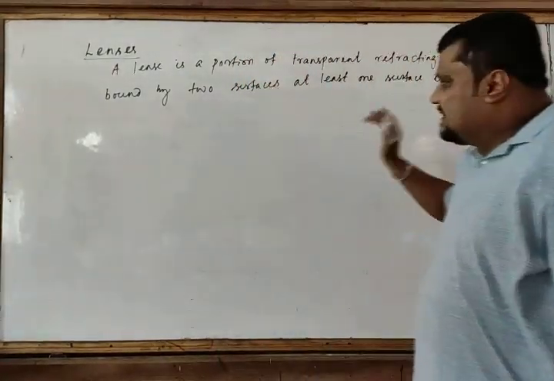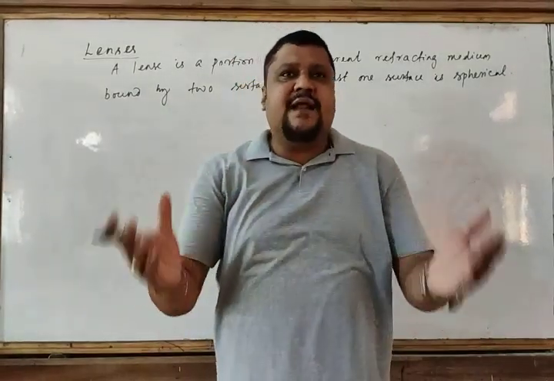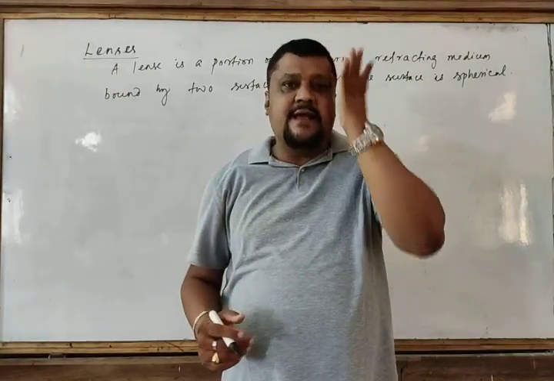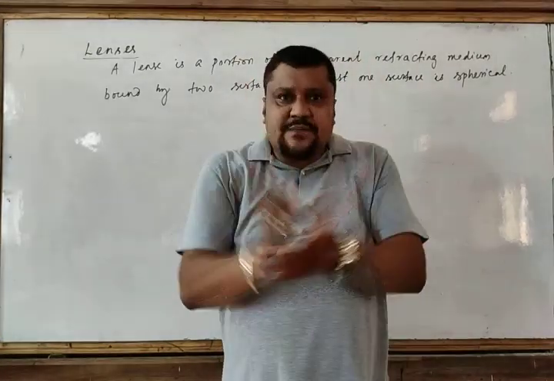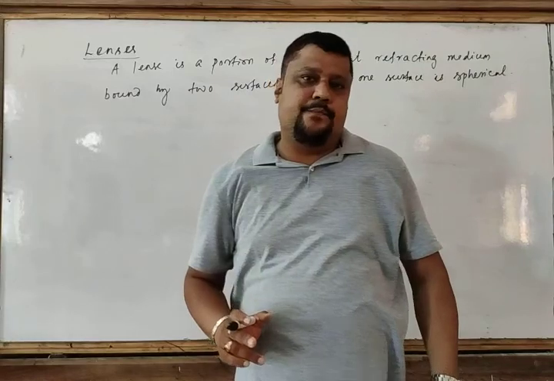But a lens consists of a transparent refracting material like glass. The lens we use is generally made of glass, the refracting material bounded by two surfaces. At least one of the surfaces should be spherical.